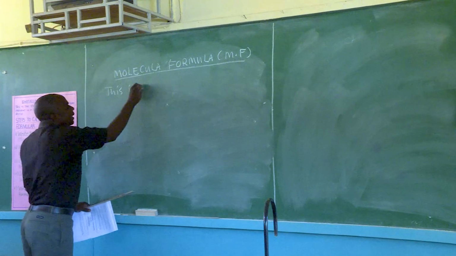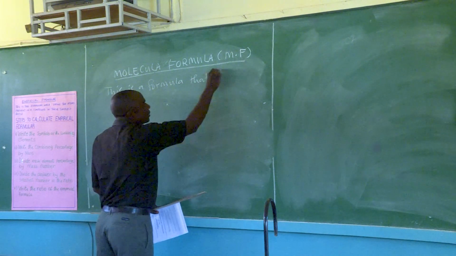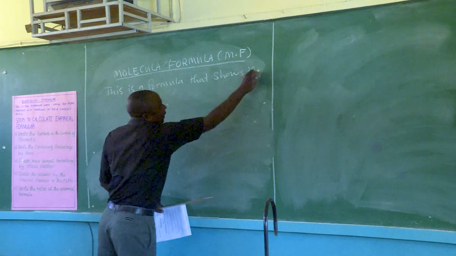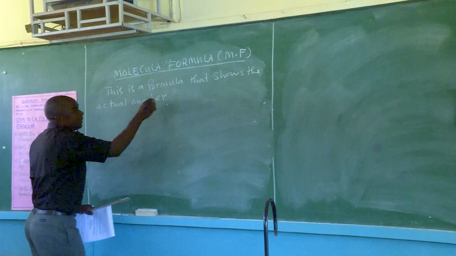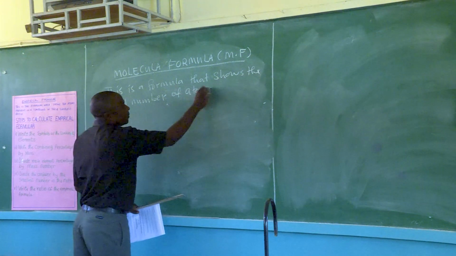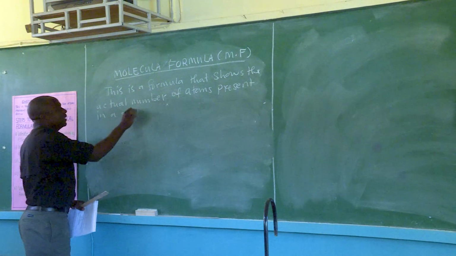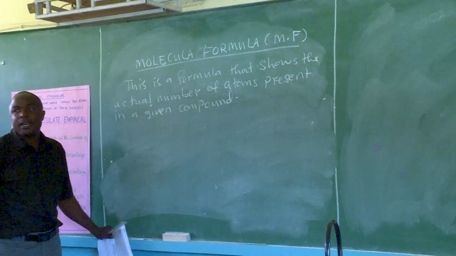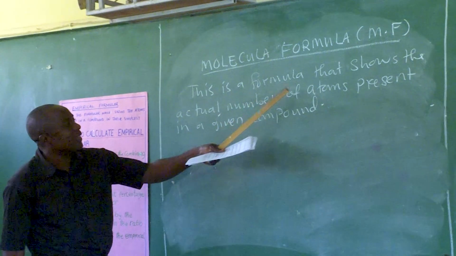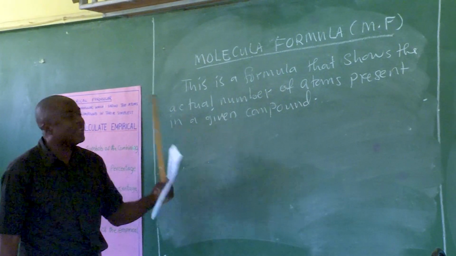So we simply say this is a formula that shows the actual number of atoms present in a given compound.